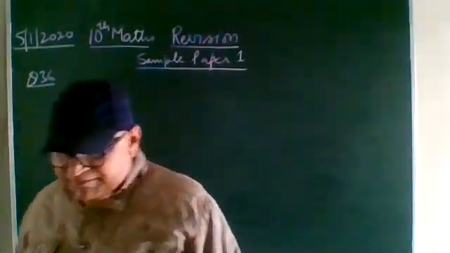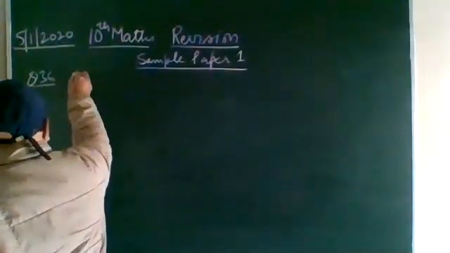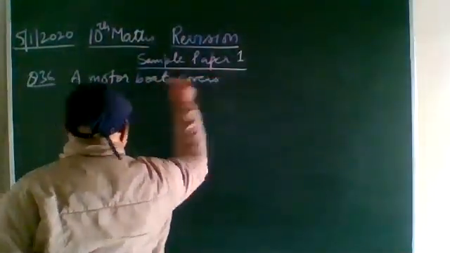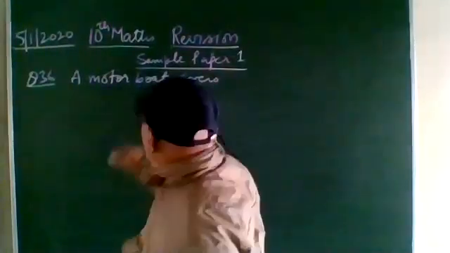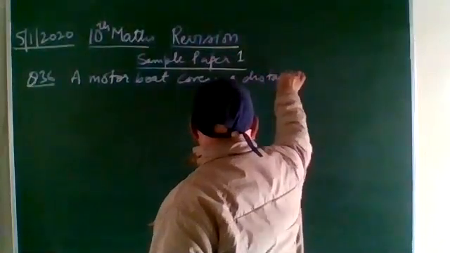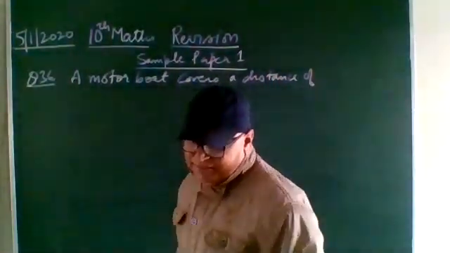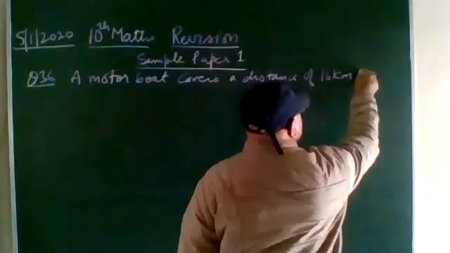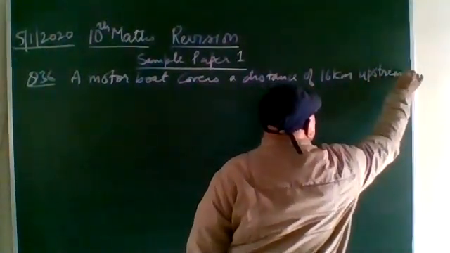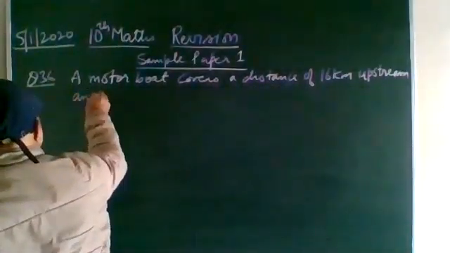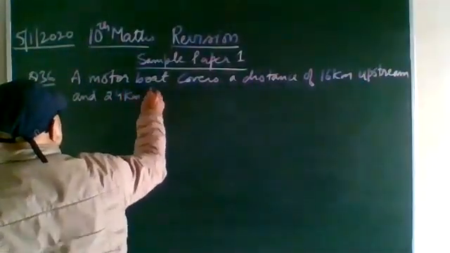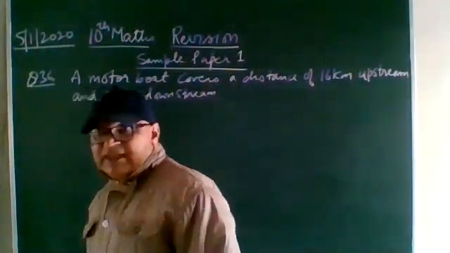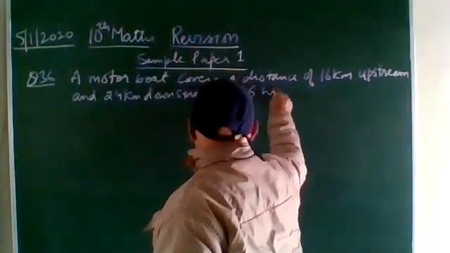Question number 36 is: A motorboat covers a distance of 16 kilometer upstream and 24 kilometer downstream in 6 hours.